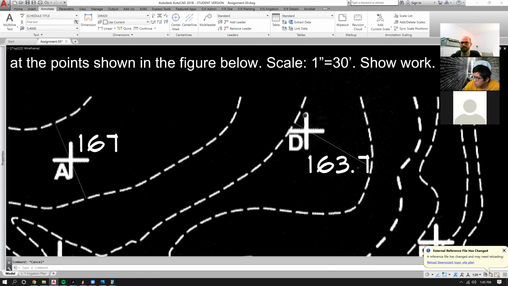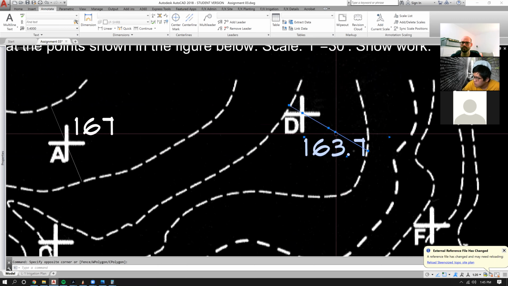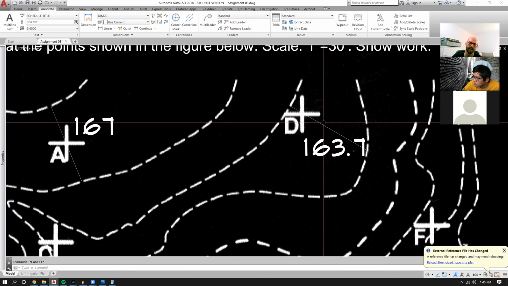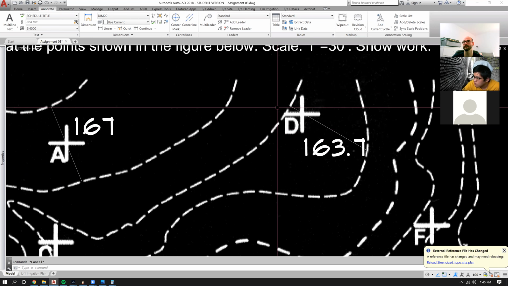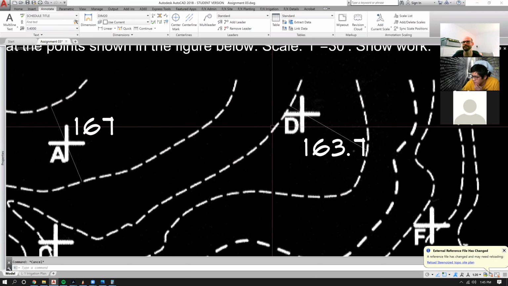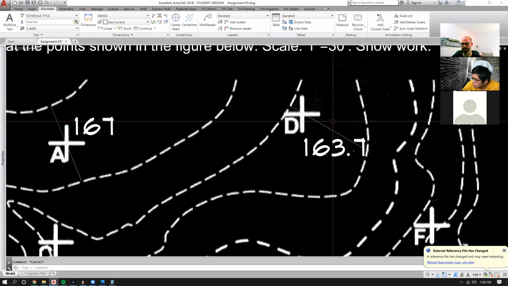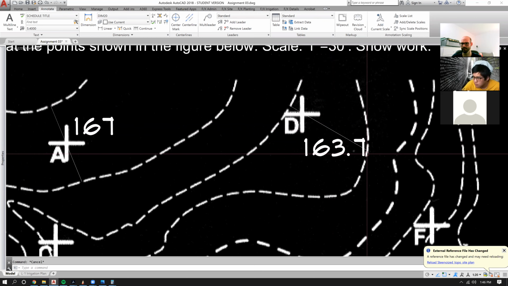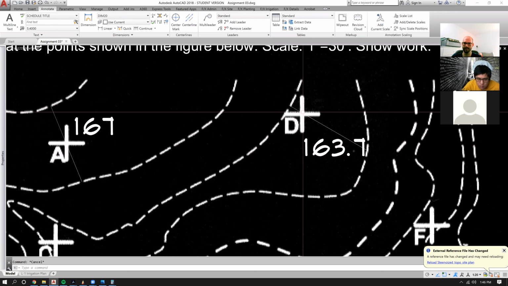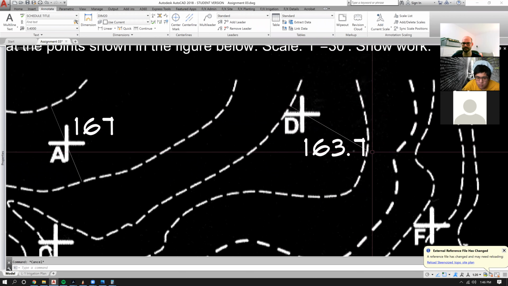Does that make a little more sense now? Yeah. Okay. I don't want to confuse you any further, but think of it as trying to find the proportion, the percentage of how far that point is from this first line.